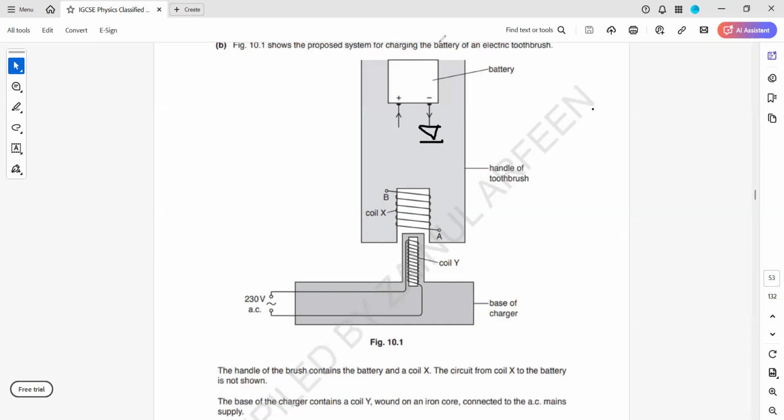But if I connect the diode in this manner, it will be wrong, because the diode will block the current. I can connect the diode on either wire, but we want the current to flow. That's why a diode connected in this manner or the other way around works. But if you connect a diode like the line there, it will be wrong, because it will block the current. We want the diode to allow that current to flow.